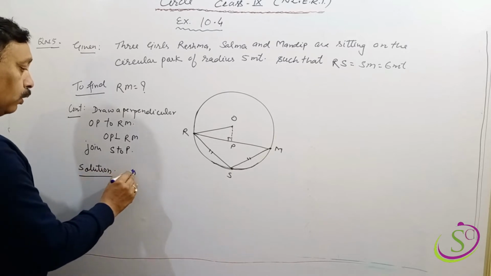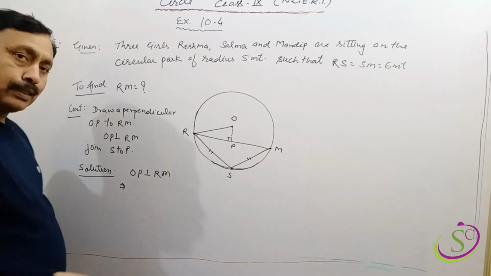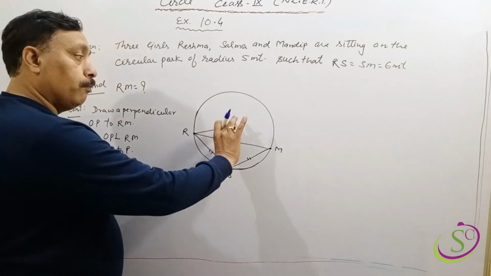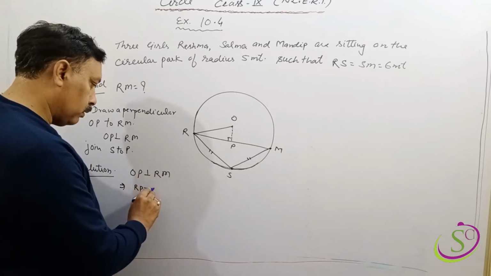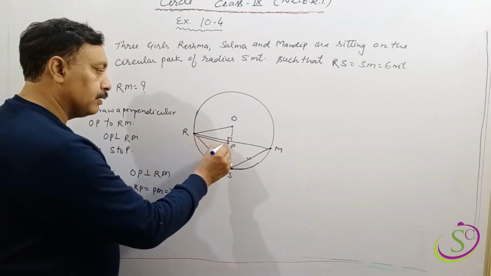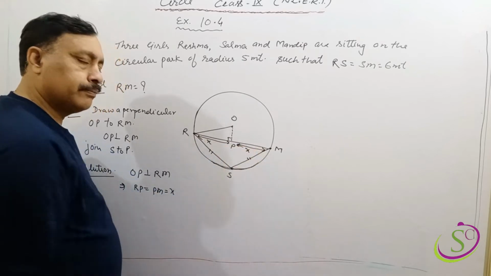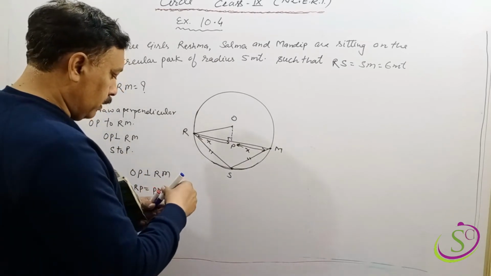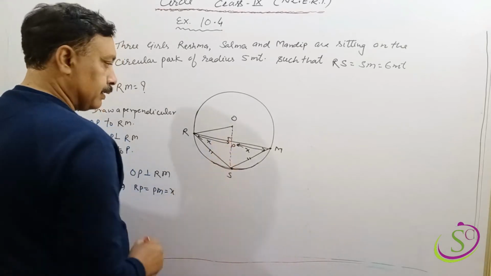Clear? देखिए OP perpendicular to RM, and we know that the perpendicular from the center to the chord bisects the chord. So here OP will bisect RM, means RP equal to PM equal to, let us say, X, means this is X and this also X. Is it clear? And we are joining P to S. Look, P to S. Clear?